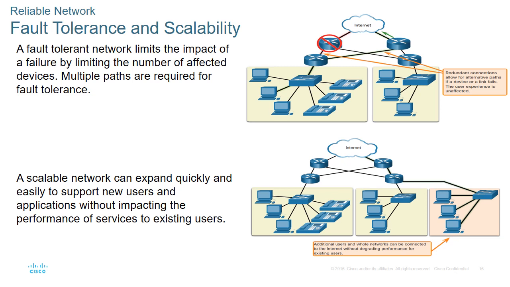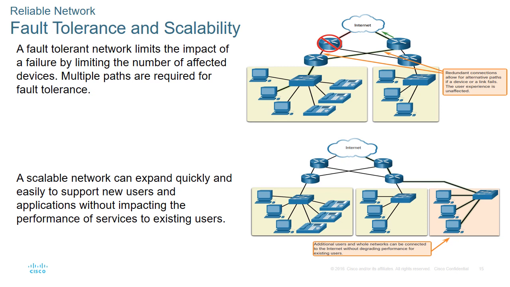Okay, now we will see what is scalability. A scalable network can expand quickly if you want to add more devices to a network. For example, look at the second network diagram. In that, we already have two networks. Now we are going to add an additional network. Usually, if you add more resources to the network, speed or network performance will be affected.